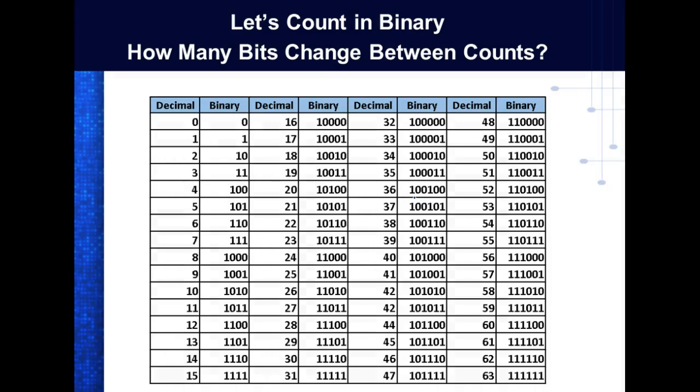This is counting in binary. The chart only goes up to 63. So I want to go from 0, just look at the binary, don't look at the decimal. Going from 0 to 1, how many bits change?